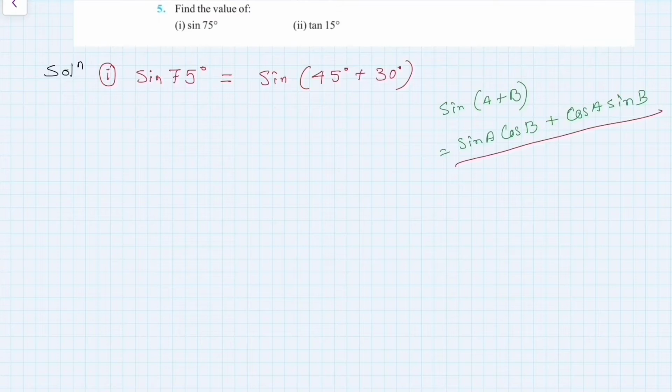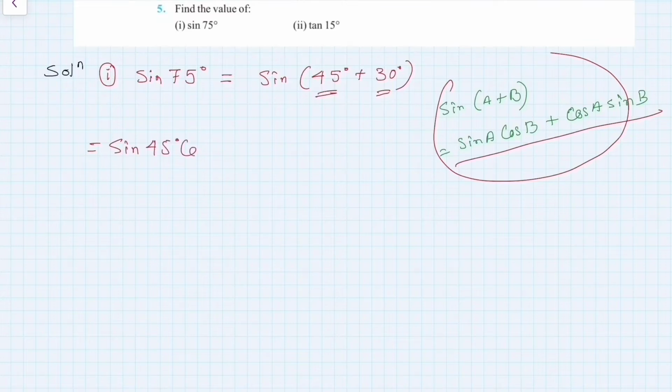Now consider this one as A, this one as B. If you apply this formula, you will get sin 45 cos 30 plus cos 45 sin 30. Now put the values of these ratios.